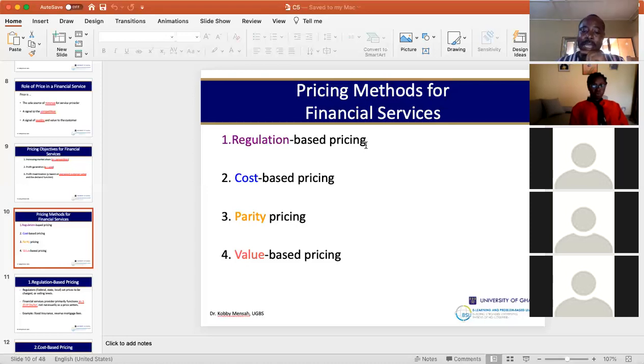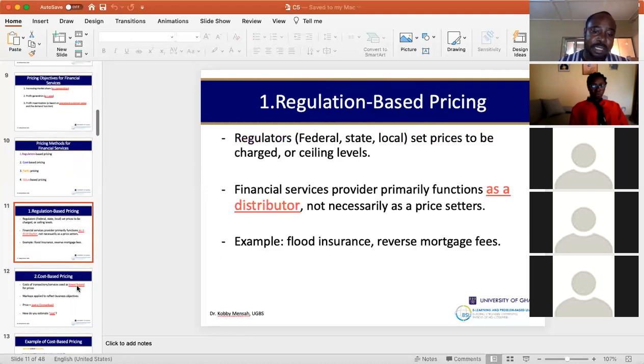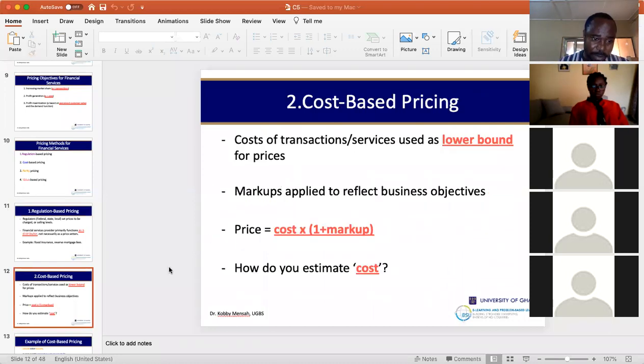Another pricing method you're looking at is parity pricing. Maybe we have to go through the slides. So the regulation-based pricing, as we said, the regulator sets the price, and the service providers work within those price perimeters.